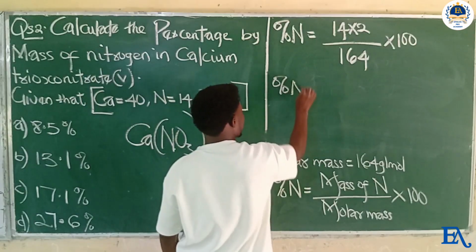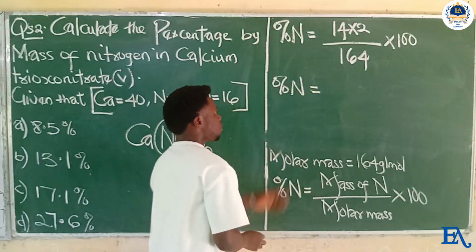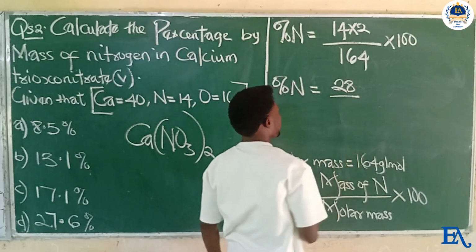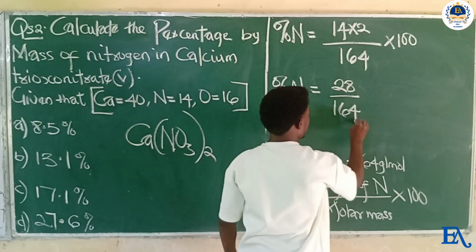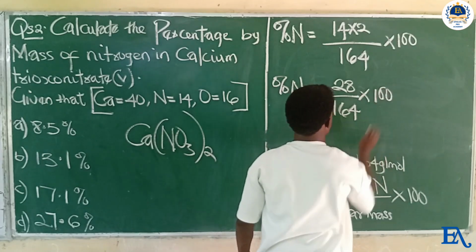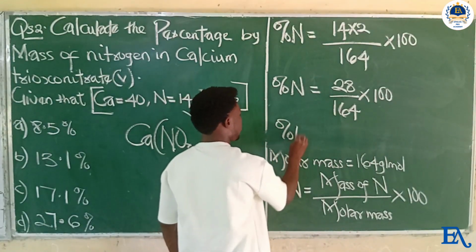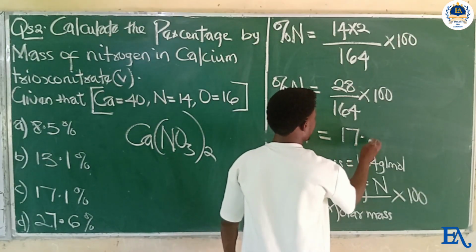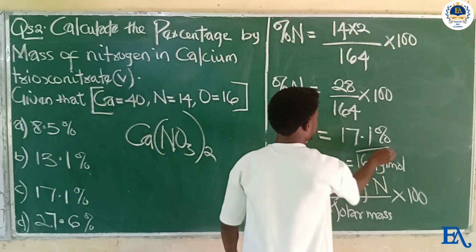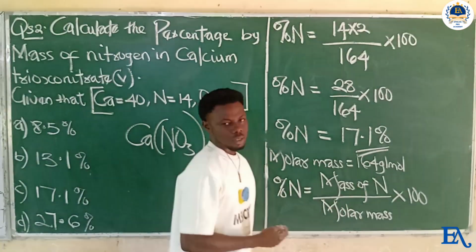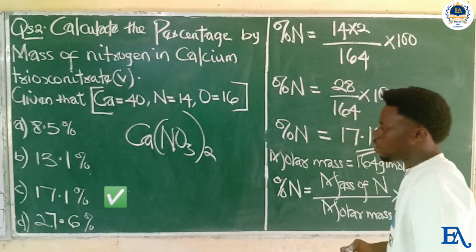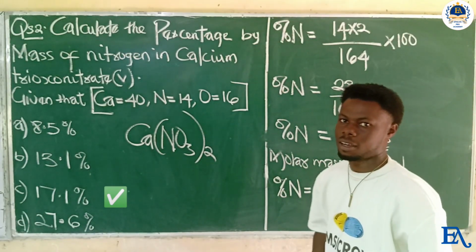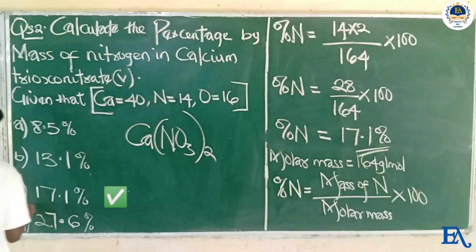Percentage by mass of nitrogen is equal to the numerator we obtain 14 times 2, which gives 28, divided by 164 times 100. And percentage by mass of nitrogen is equal to 17.1%. So let's go back to the options. In the options we have option C, 17.1% as the correct answer. So option C is the right answer.